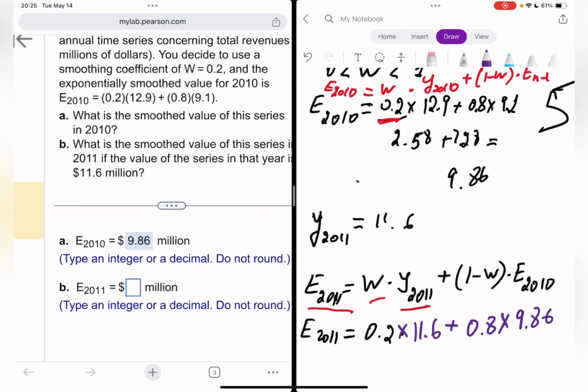Okay, let me do the math. How much is it going to be? 0.2 times 11.6 is 2.32. And then plus 9.86 times 0.8.